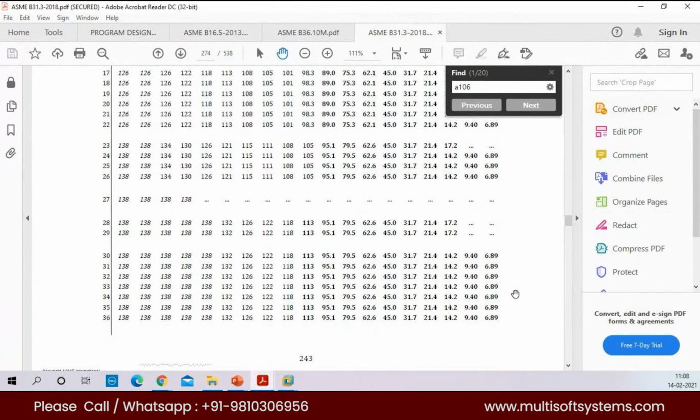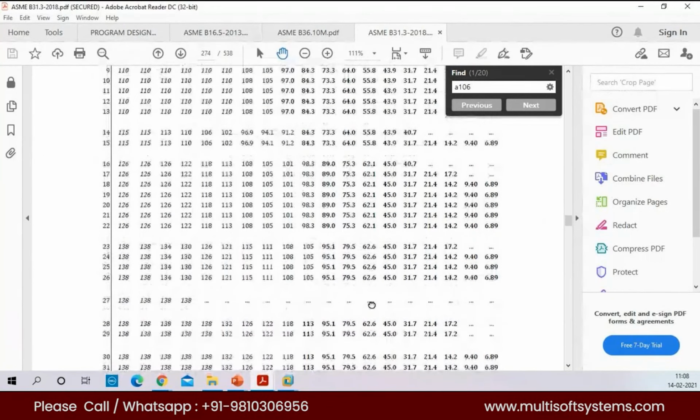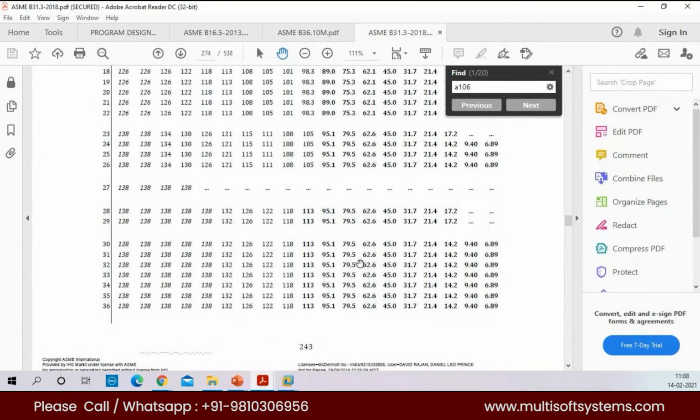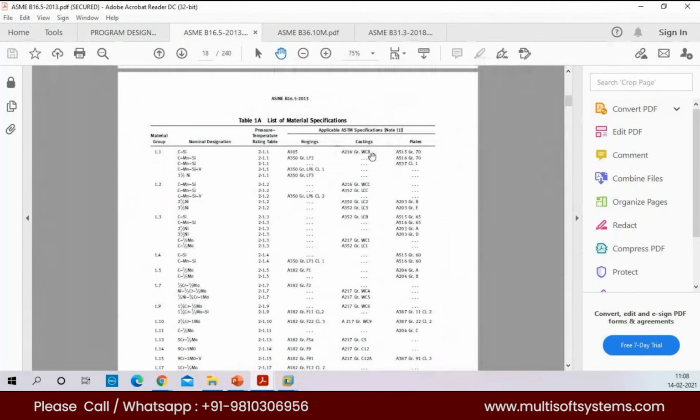Yeah, that is the thing. Up to 427, we can go for the alloy. Here, what are the allowables? At 427, the allowable is less than 80 only. And if you have to take care of that pipe, you must also take care of the flange, and the flange selection is based on the ratings. For A106 Grade B, we have some pressure ratings. We get those details from B16.5.